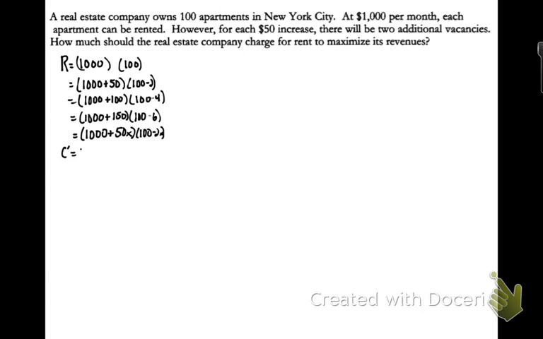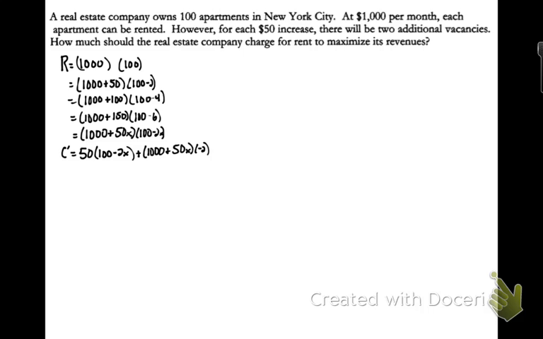In this case, the derivative of the first is 50, and that'll be times 100 minus 2x, plus the first function, 1,000 plus 50x, times negative 2.